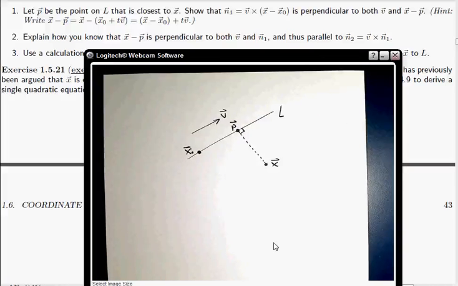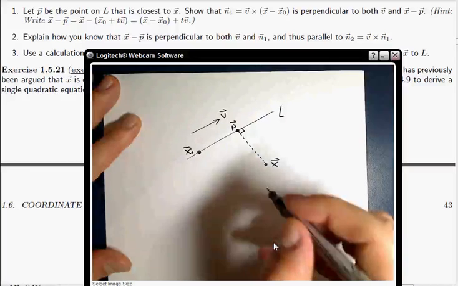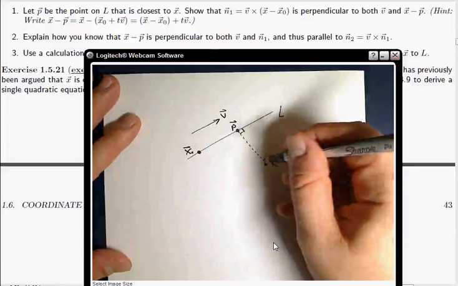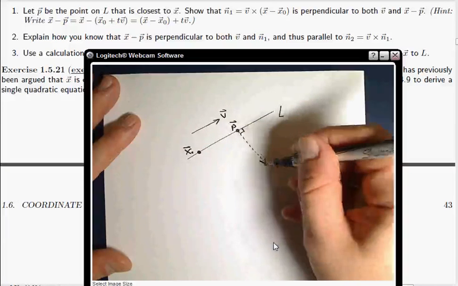We want to show that N1, namely that cross product, is perpendicular to both V and X minus P. So, by the way, X minus P is this vector.